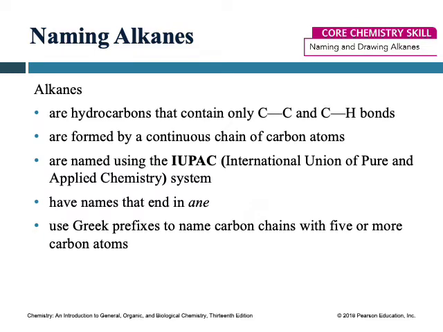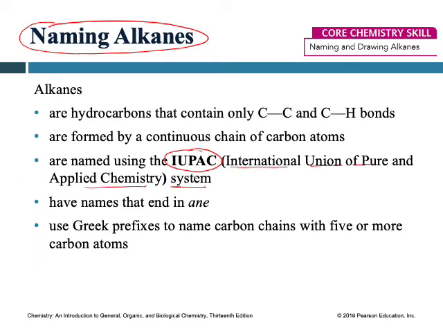So till now we learned what isomerism is, what structural isomers are, and what conformers are. Now let's learn how to name any alkane. We name any hydrocarbon using an IUPAC name, which is the International Union of Pure and Applied Chemistry system. This is a system normally used all over the world by scientists to name any organic compound.